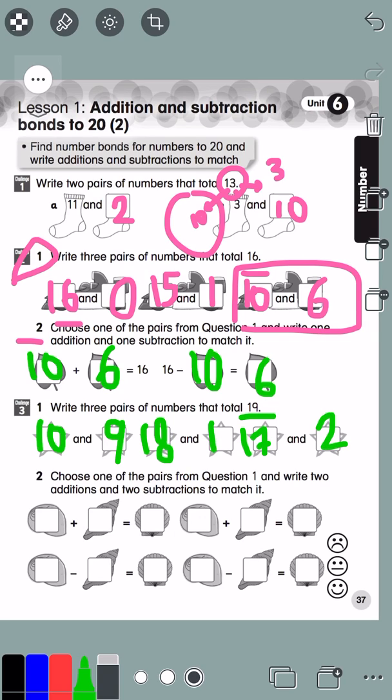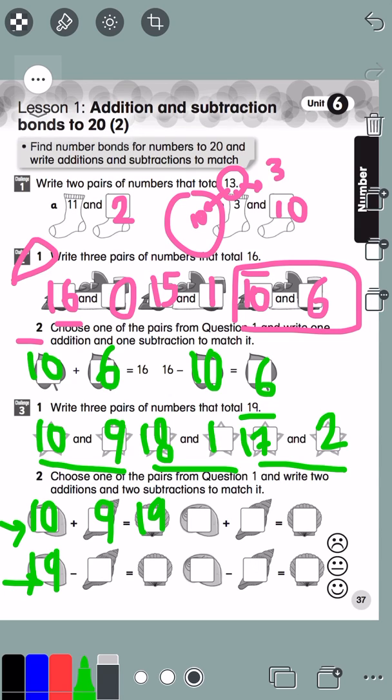And you can choose any number pair of these numbers to make addition and subtraction sentences, such as, let's say 10 and 9. 10 plus 9 equals 19. 19 minus 9 equals 10. 19 minus 10 equals 9. And here 9 plus 10 equals 19.